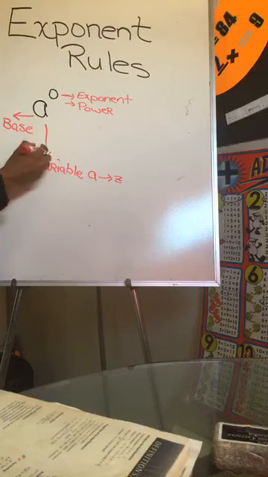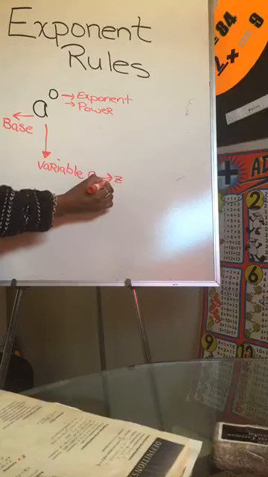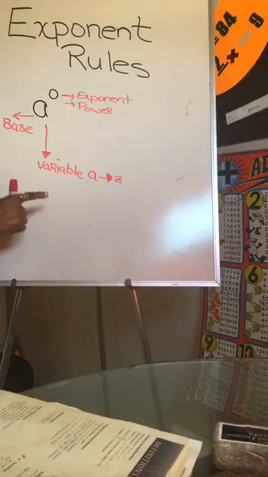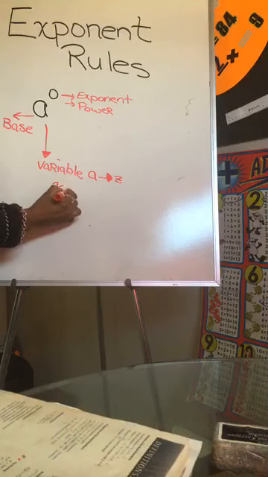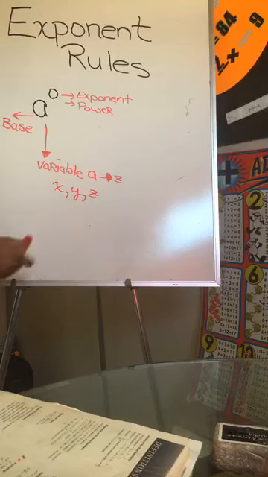This is called a variable. Sometimes you'll see A through the letter Z, but the most popular variables are X, Y, and Z. Those are the most popular variables that they like to use in the textbook.